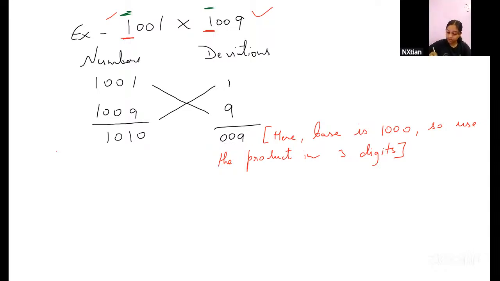Okay, got it now? Now we will assemble. I have my left and right side of the answers. Here is your left side, and here is your right side of the answer.